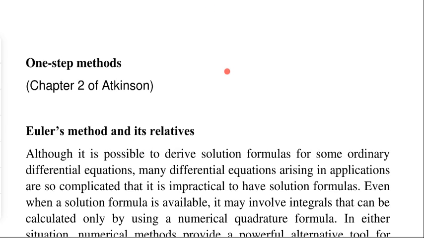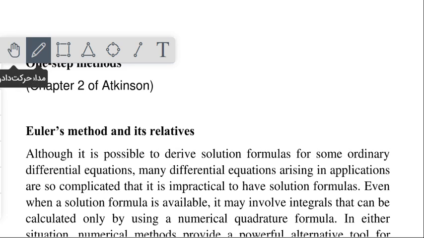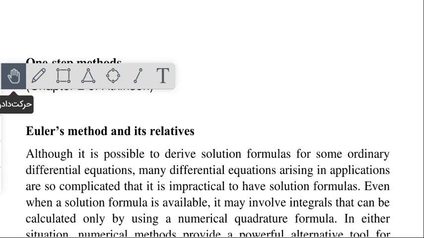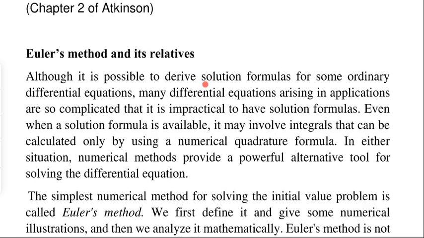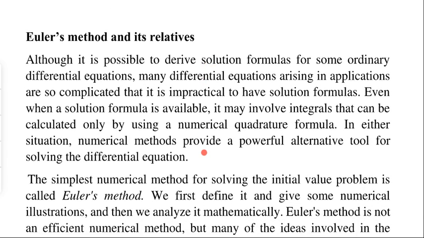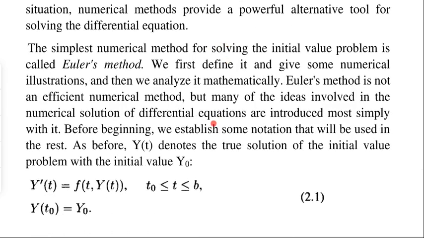In this technique, we will obtain some approximations for our unknown solution. Now, I want to present a general sketch of this method, and in the next session we will focus on the details of this method.